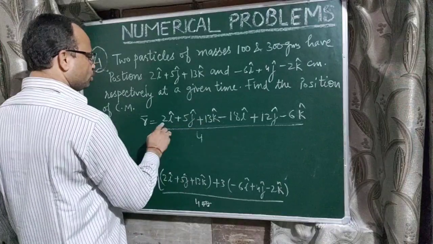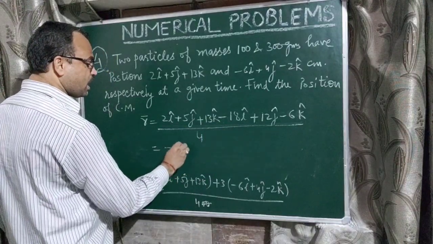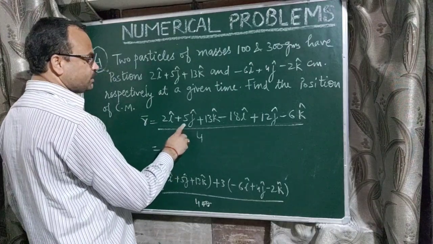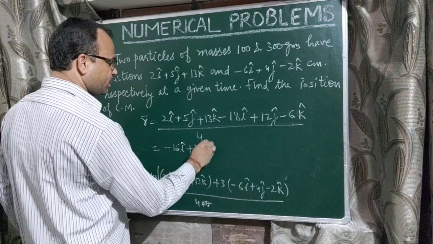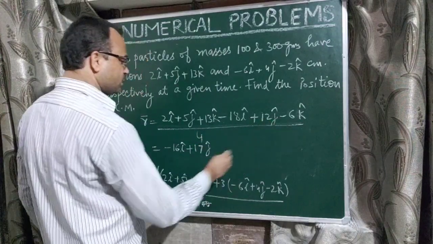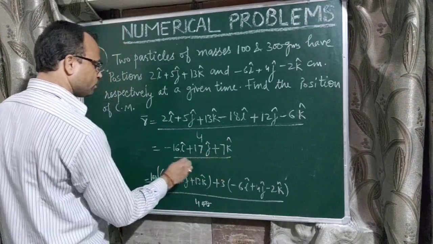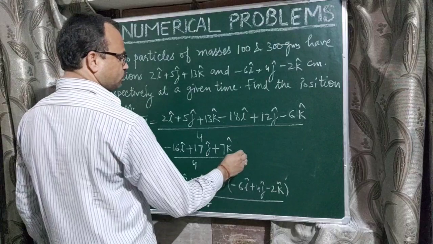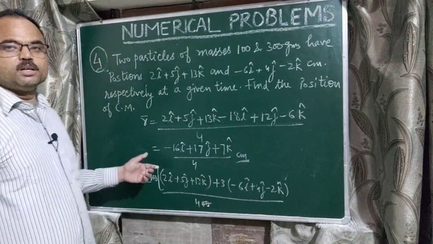Now solving this, 2i minus 18i means 16i cap, 5j plus 12j means 17j cap, 13k minus 6k means plus 7k cap, upon 4 centimeter. It is the position of the center of mass of the system.